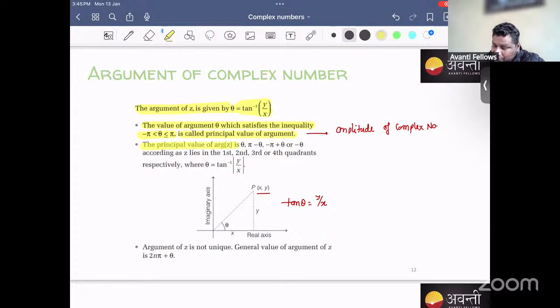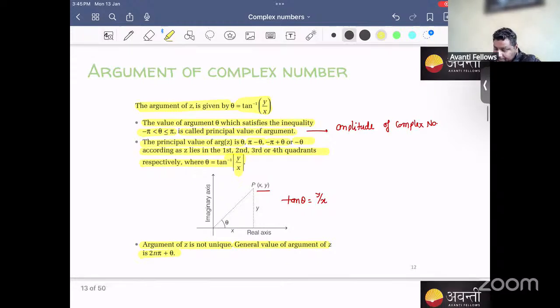The principal value of argument z is theta, pi minus theta, minus pi plus theta or minus theta, according to the quadrant in which z lies, where theta is tan inverse mod y by x. Got it? Argument of z is not unique. The general value of argument will be 2n pi plus theta, because you can reach that complex number after revolving 2 pi around the origin.